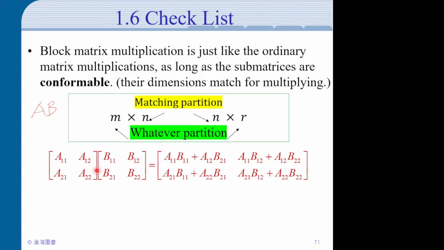Here is an example where you partition into a whole bunch of block matrices, and the matrix multiplication can be viewed as doing regular matrix multiplication on those blocks, with the elements being block matrices. For example, this element is the first row times the first column.